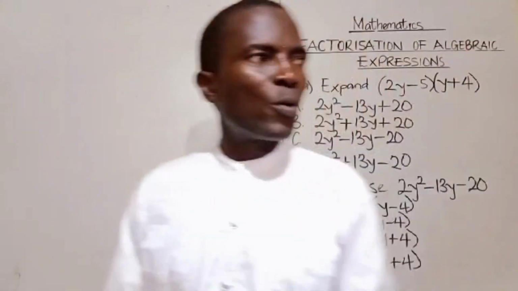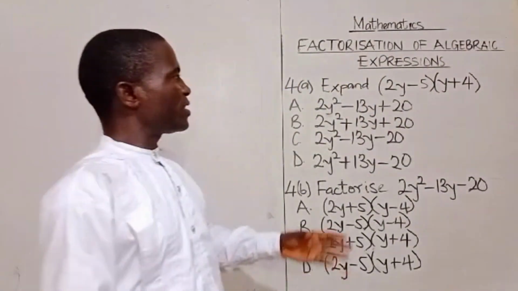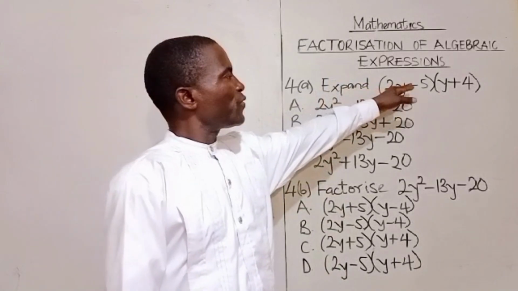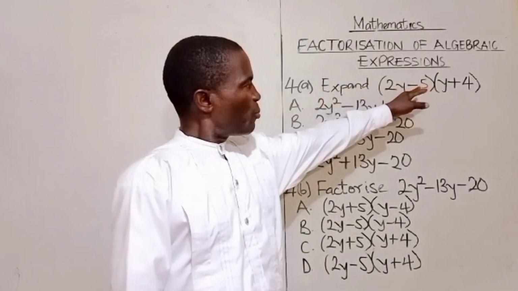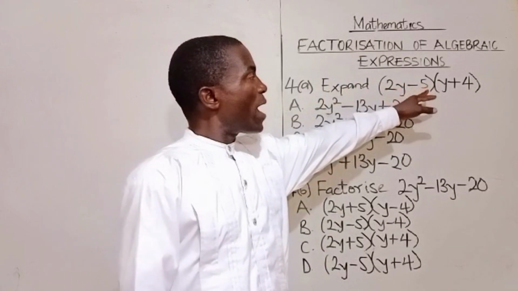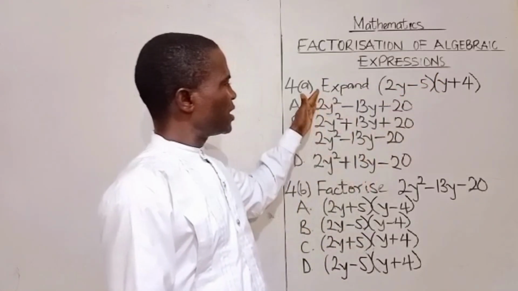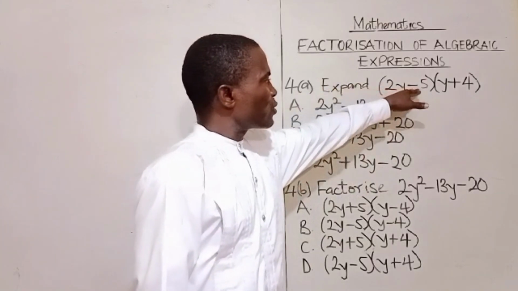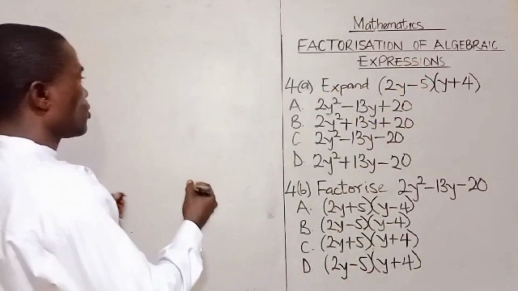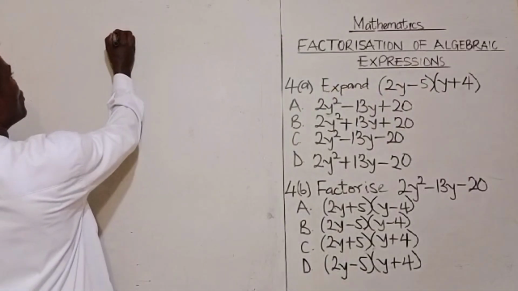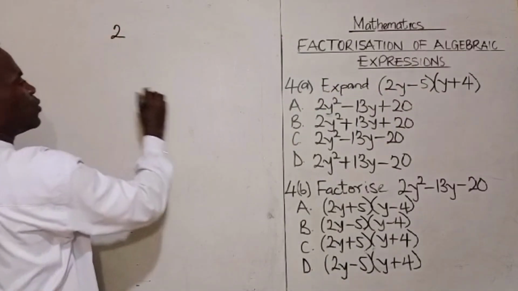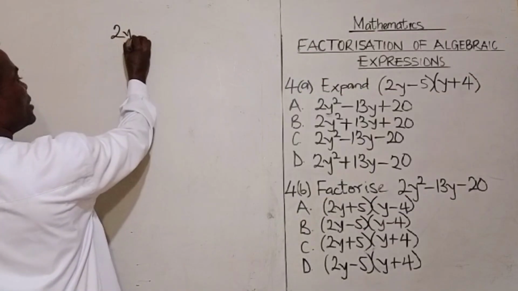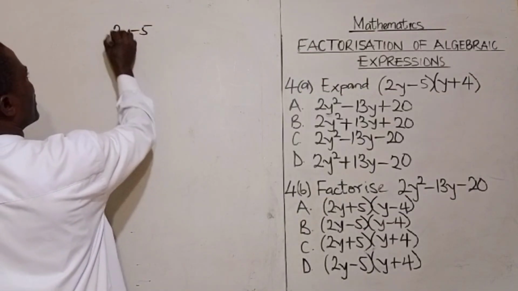Example 4. The question says, expand bracket open 2y minus 5 bracket close, and then bracket open again, y plus 4 bracket close. Here are the options. Let us see how we can first and foremost solve this problem. We will use this 2 as an appropriate key to open the door.